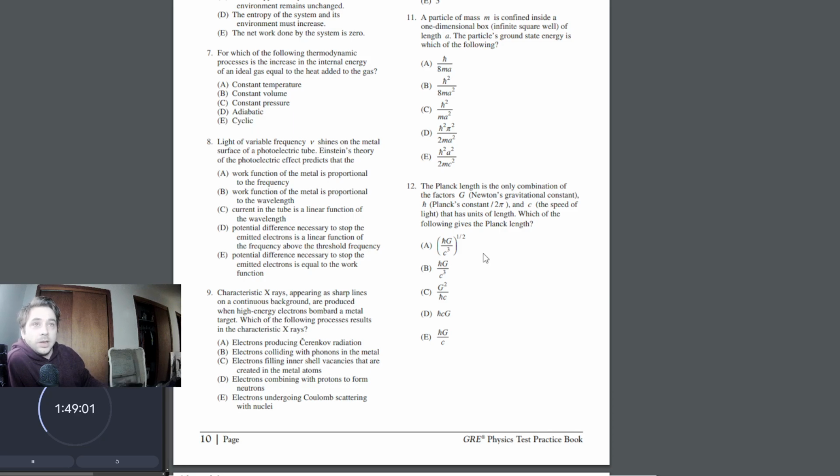It's an identity problem. Maybe it's C. I'll go with E. Why not? 13. Nothing too complicated.